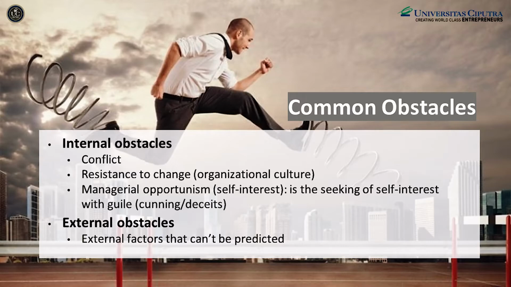Are there some people who are resisting change, who might hinder the success of the strategy execution? This relates to organizational culture, how you maintain your staff, your employees, and also think about managerial opportunism, that is what we call self-interest, that is seeking of self-interest with guile, cunning or deceit.